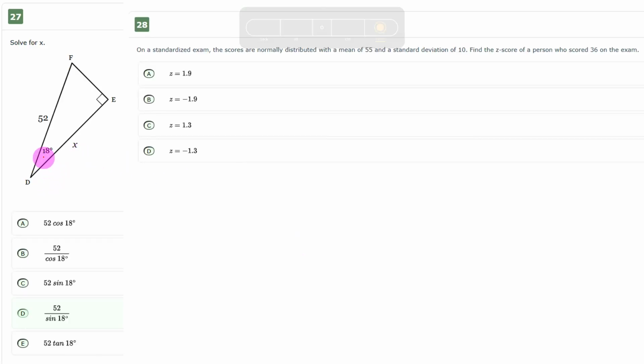All right, so we're looking at this angle, and I have the adjacent and the hypotenuse. So it'd be cosine 18 degrees equals x over 52. So multiply both sides by 52. And just get 52 cosine 18.